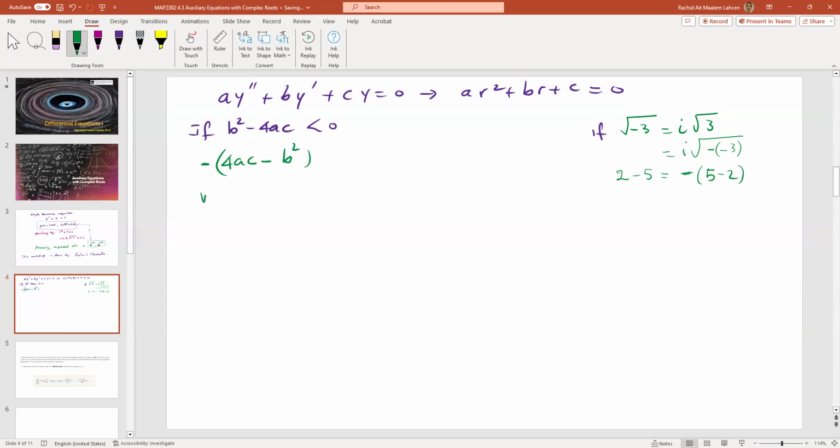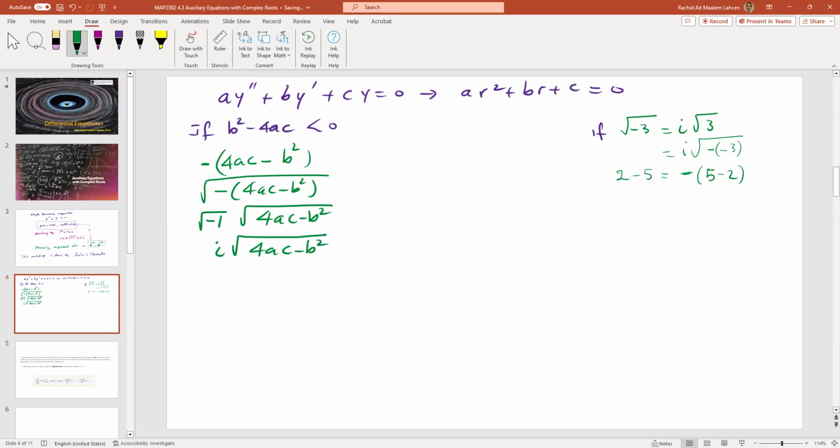So when it is under a square root, the negative we know is just square root of negative 1, and the square root of 4ac minus b squared becomes i square root of 4ac minus b squared.